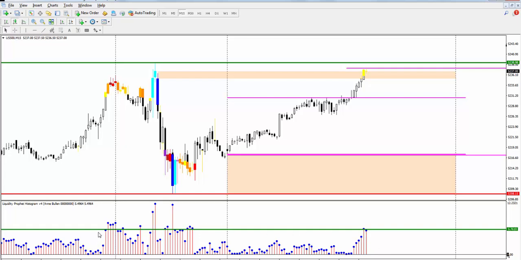You can see our liquidity level there is actually coming down a little bit, and that's a good sign, because it means that liquidity is actually drying up. So that big push to the upside is perhaps the end of this particular move.